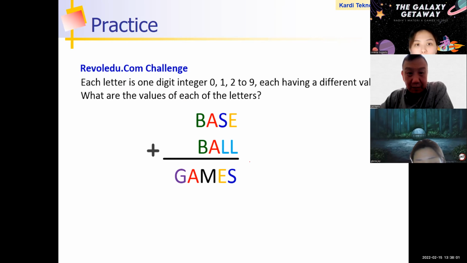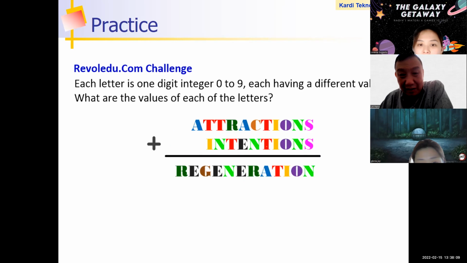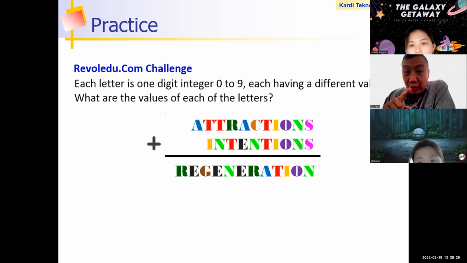Say BASE plus PAUL equals GAMES, or GERALD plus DONALD equals ROBERT, or ATTRACTION plus INTENTION equals REGENERATION. So these are just puzzles. I remember you created Sudoku last semester, right? So it's the same. You can also use CSP to solve Sudoku.